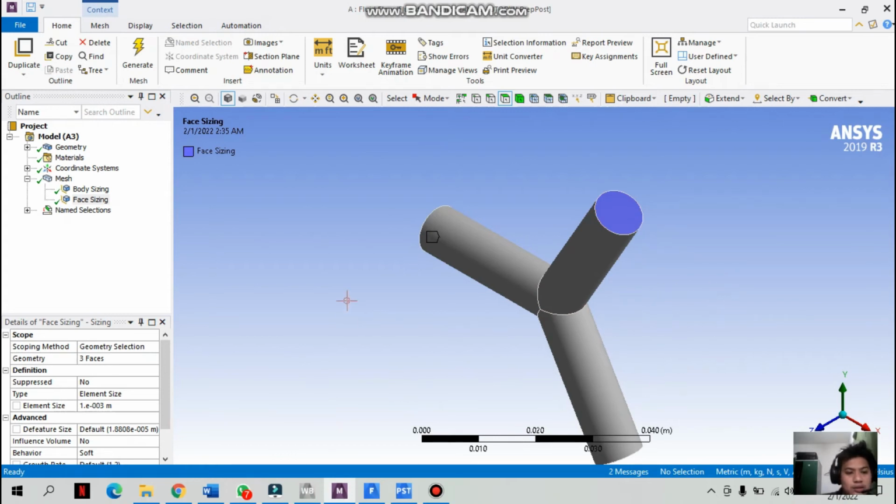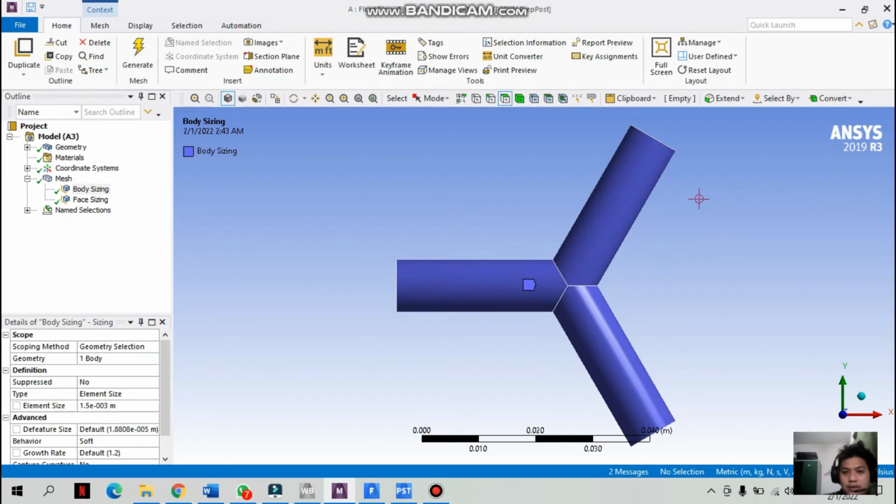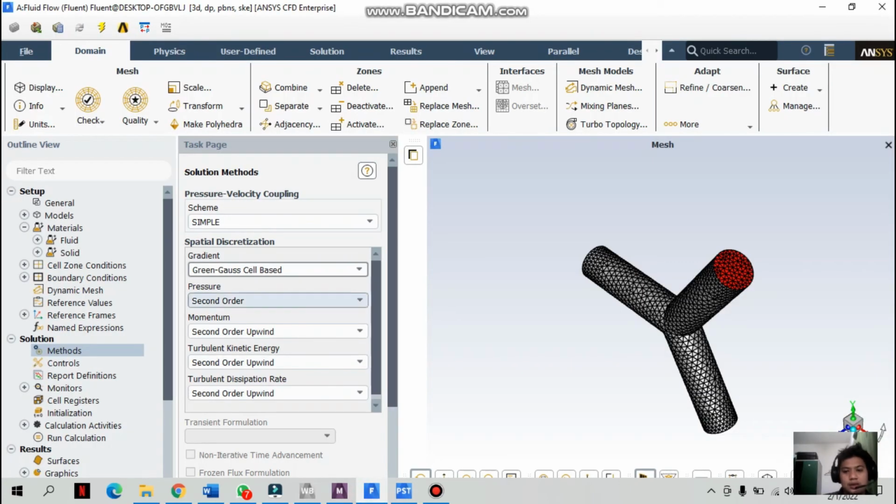As you can see in the mesh part, there are 3 faces for the boundary, which are outlet and inlet. Actually it has 2 outlets and 1 inlet. For the data part, go to the solution, click solution, and this is for the outlet selection.